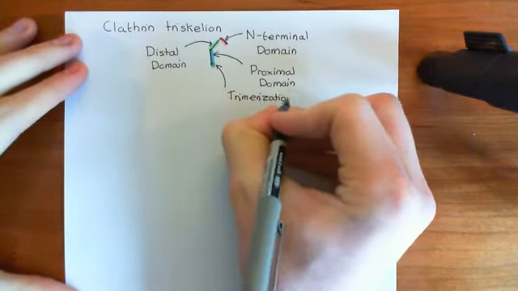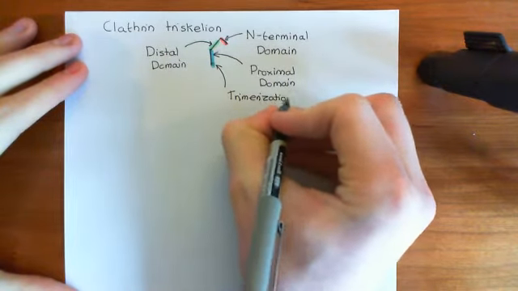Let me now add on the clathrin light chain onto this picture, and then we'll discuss what a clathrin triskelion is. So this is the clathrin heavy chain. Basically, the clathrin light chain sits alongside the clathrin heavy chain near this proximal domain here.